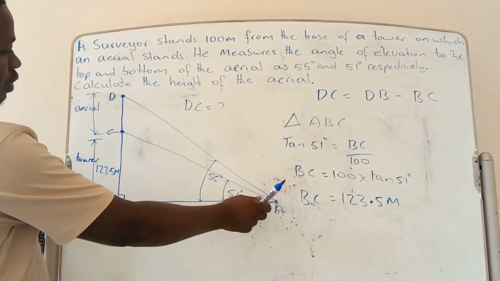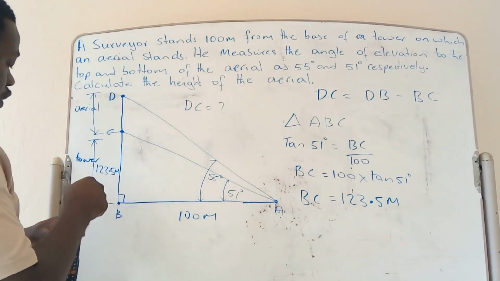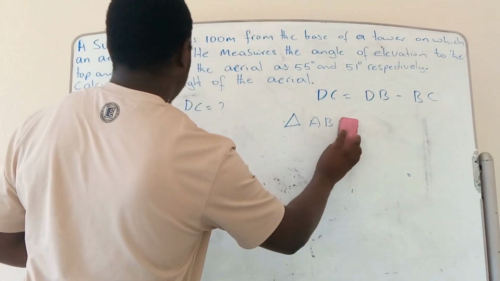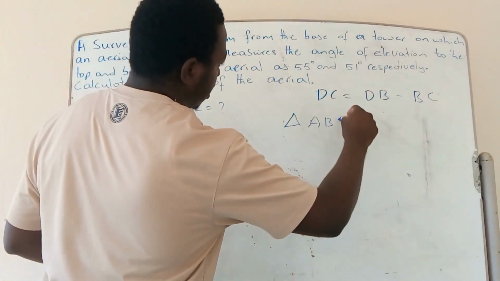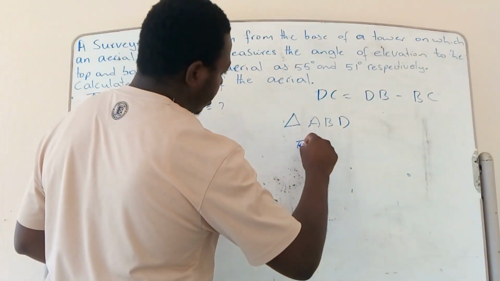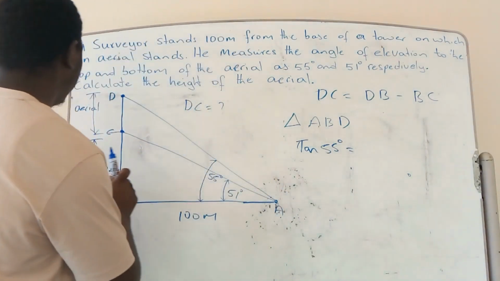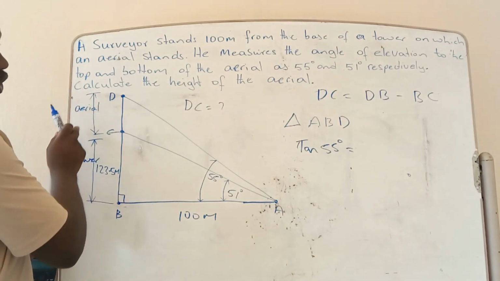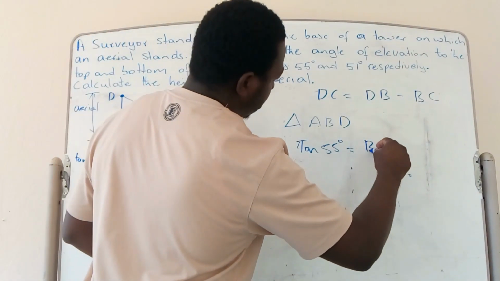So considering triangle ABD, we know that tan of 55 degrees is equal to the opposite length here, right? What's the opposite length? We don't know. So that's thus BD. That's what we want to find.